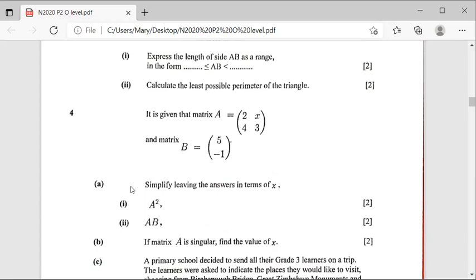The question says, simplify leaving your answer in terms of x. You are required to find A squared, and you are required to find AB. And it says, if matrix A is a singular matrix, find the value of x.